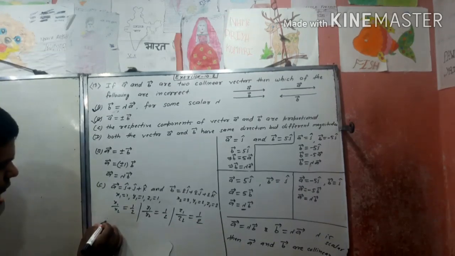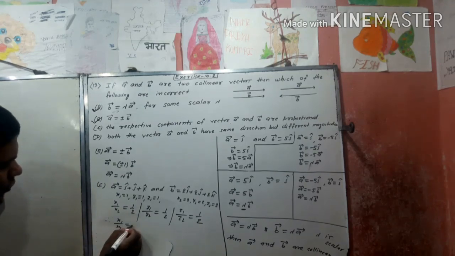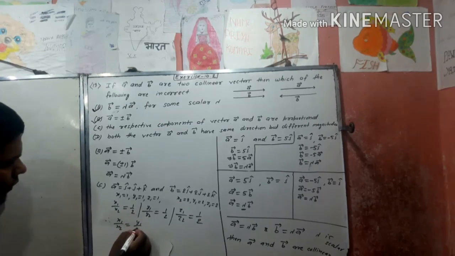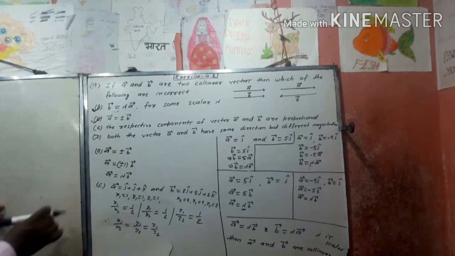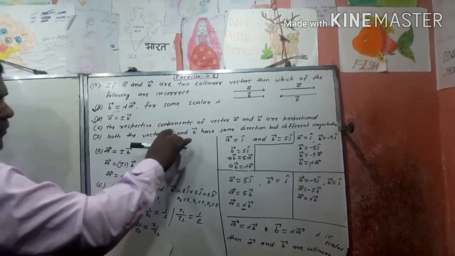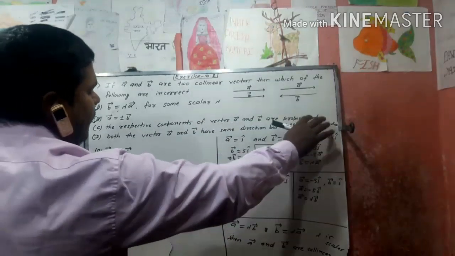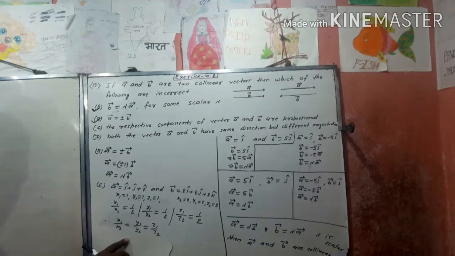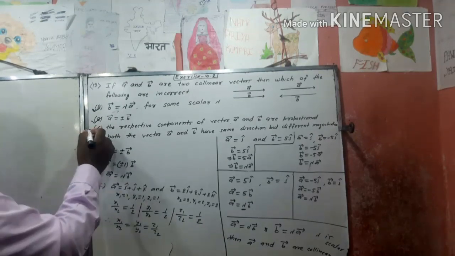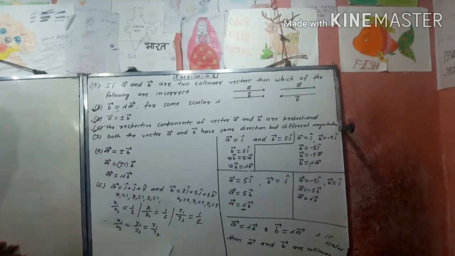So x1 by x2 is equal to y1 by y2 is equal to z1 by z2. So the respective components of vector A and B are proportional. So option C is also correct.